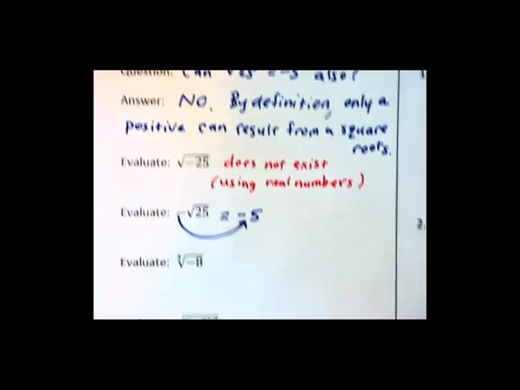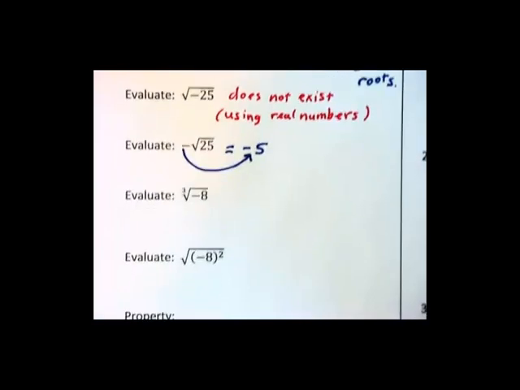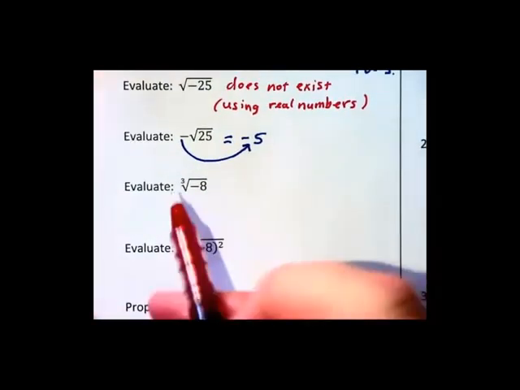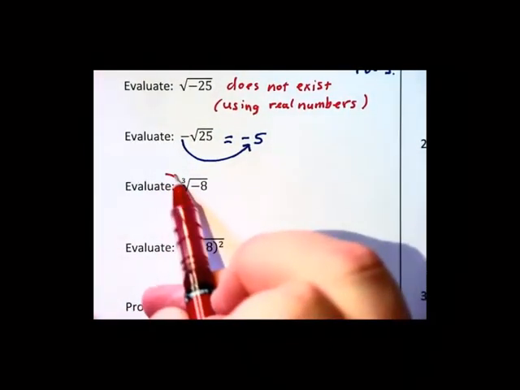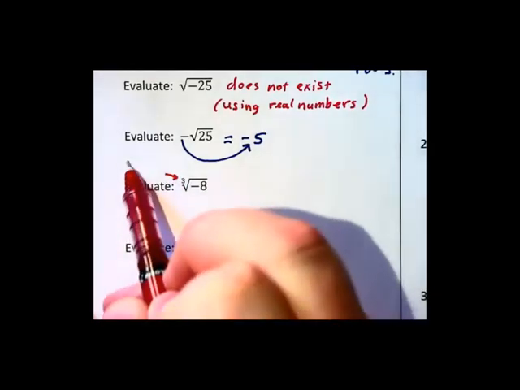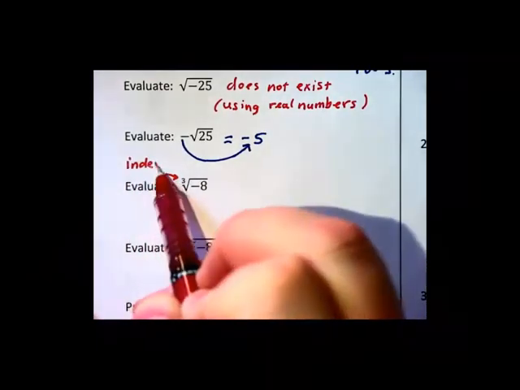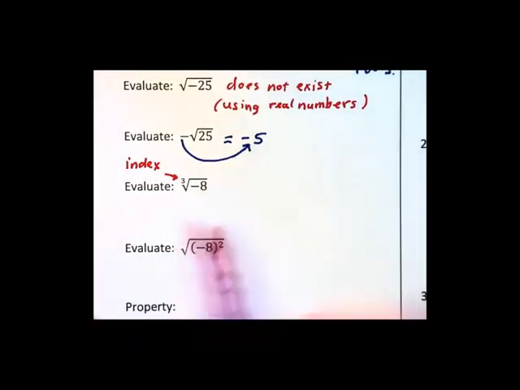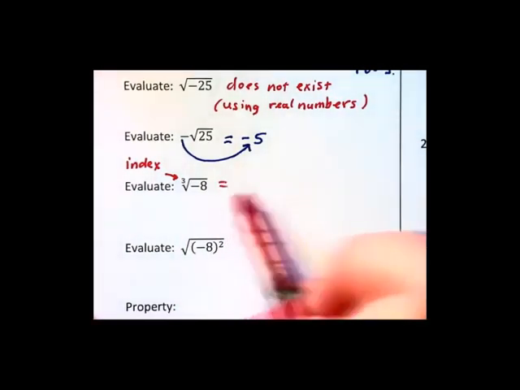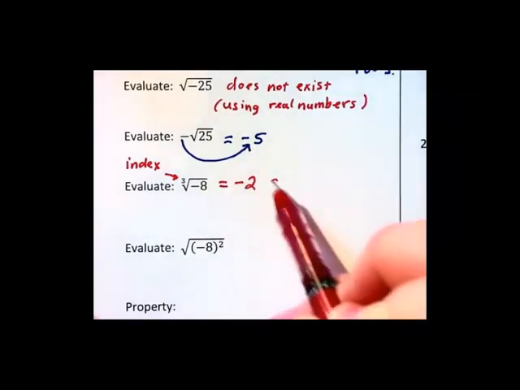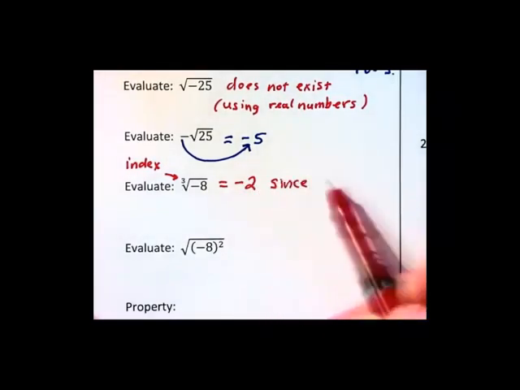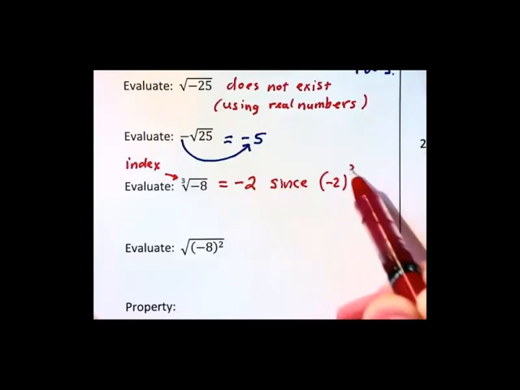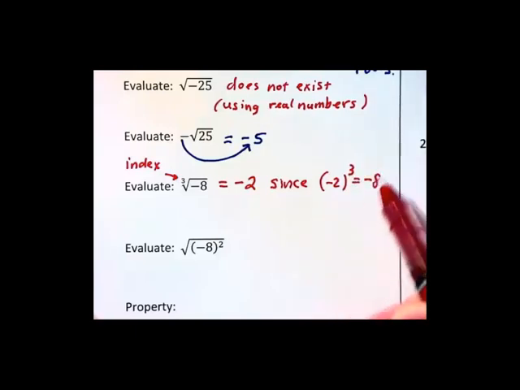When we are asked to find the cube root, and this is a cube root because that number in this position here tells us so, that number is called the index. When the index is 3, that says we have a cube root, and our answer here will be negative 2, and the reason for that is because negative 2 to the third power is negative 8.